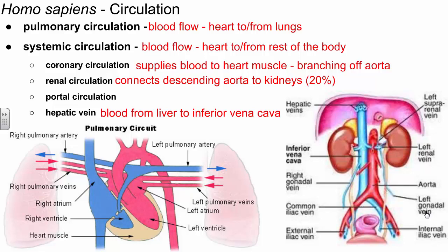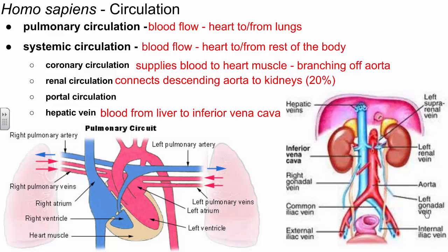Here it's shown sort of off to the side, but it loops behind the heart and starts bringing blood lower in the body. It's called the descending aorta, or the abdominal aorta. You can see it here. The heart's not shown in this diagram, but it would be up here. And that blood goes down this aorta, and along the way, about 20% of the blood goes to the kidneys.